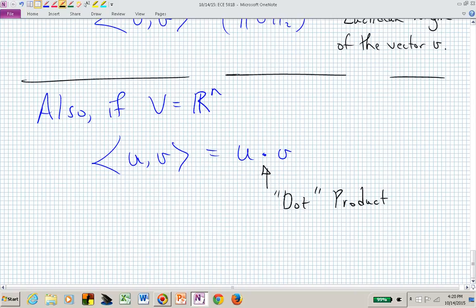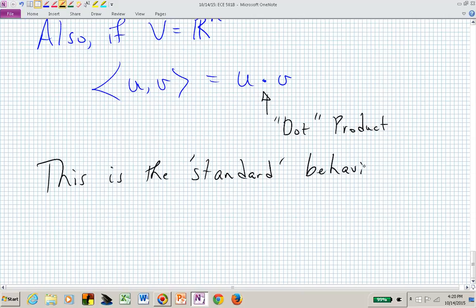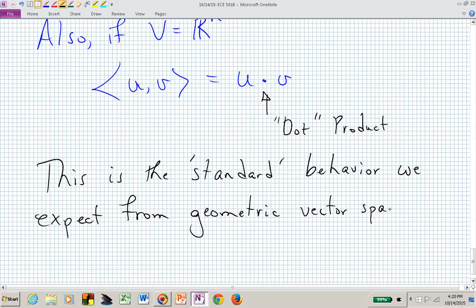And that's the standard behavior that we actually expect from dealing with geometric vector spaces.